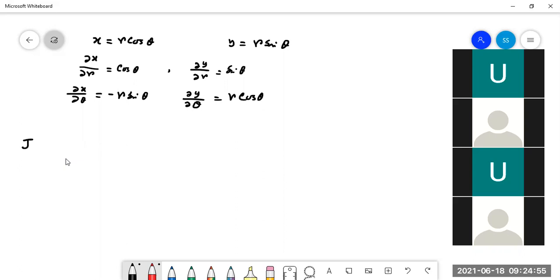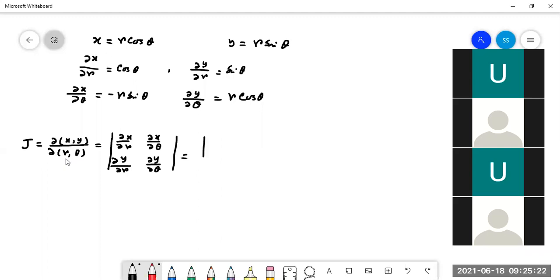Now in polar coordinates, J is equal to del of x, y by del of r, theta. That can be written as the determinant of del x by del r, del x by del theta, del y by del r, del y by del theta. Now put the values of them. Del x by del r equals cos theta. Del x by del theta means minus r sin theta.